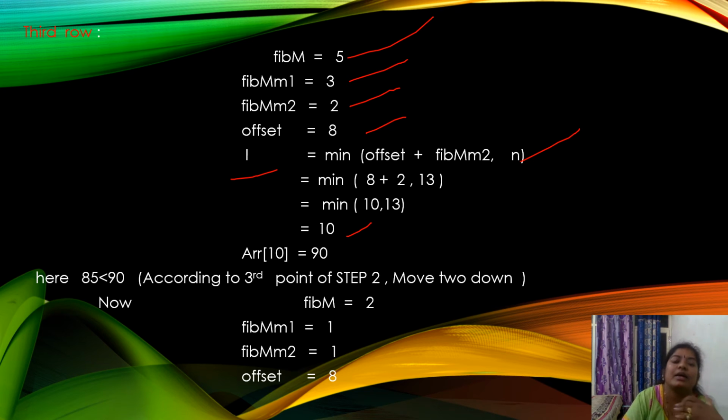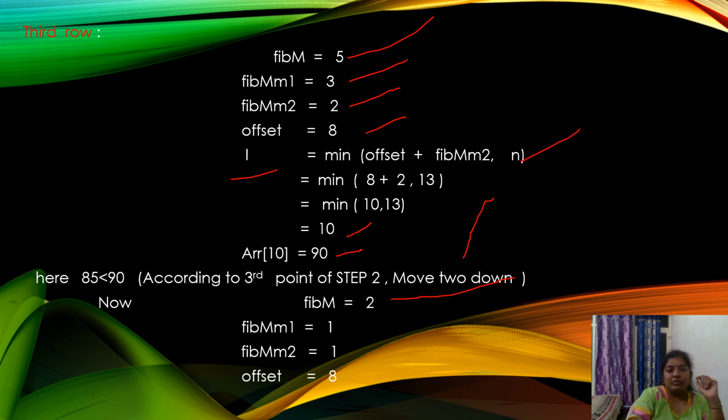What is the element at that index position? That is 90. Our target element is 85. Compare it with the existing element: 85 is less than 90. So we go to the third point of the second step. What is the corresponding operation? Only move down. This is the most important.